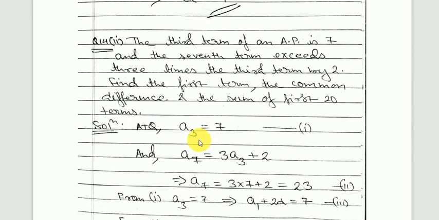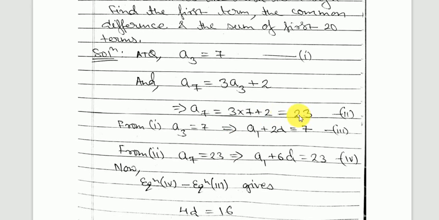So according to the question, A3 is equal to 7 and A7 is 3 times the third term plus 2, because here it says the seventh term exceeds 3 times the third term by 2. So I have got A7 is equal to 23.